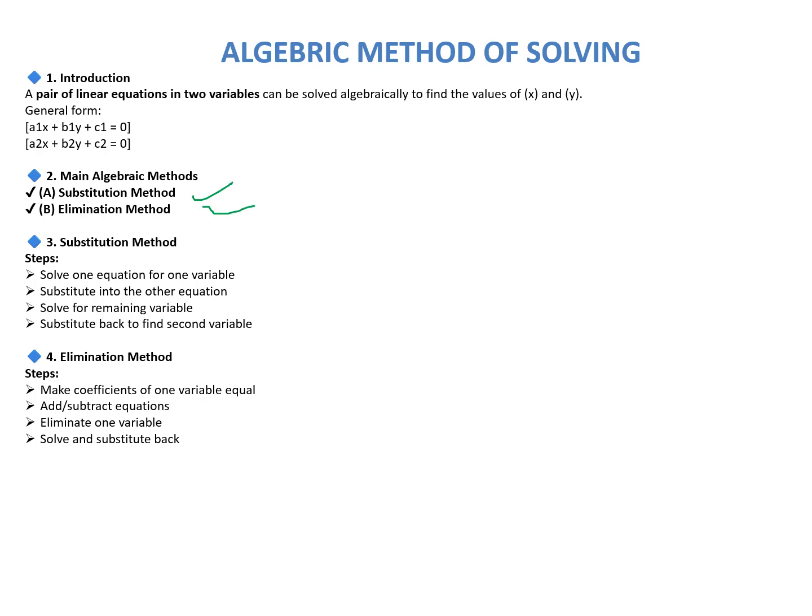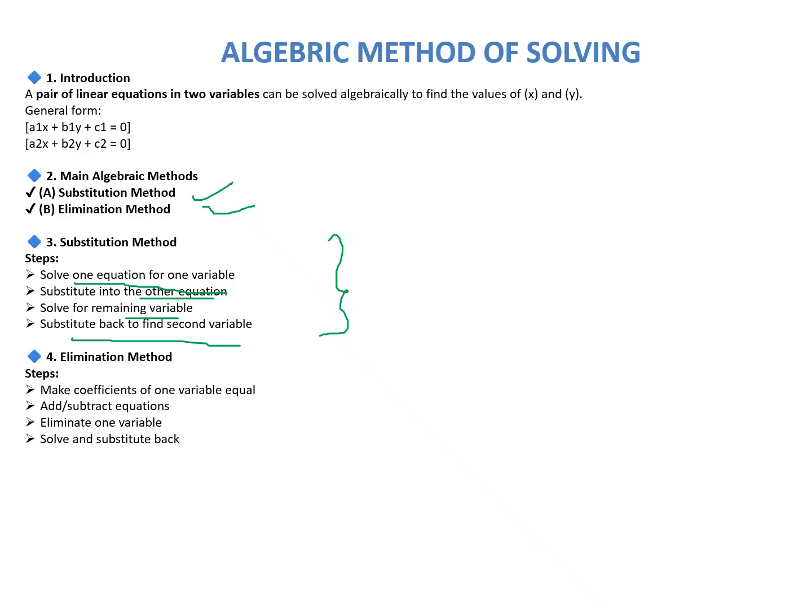In the substitution method, we have to solve one equation for one variable, substitute it into the other equation, solve for the remaining variable, and substitute back. Basically, if we are given a set of equations, we convert one equation so that x or y is on the LHS and the rest is on the RHS.